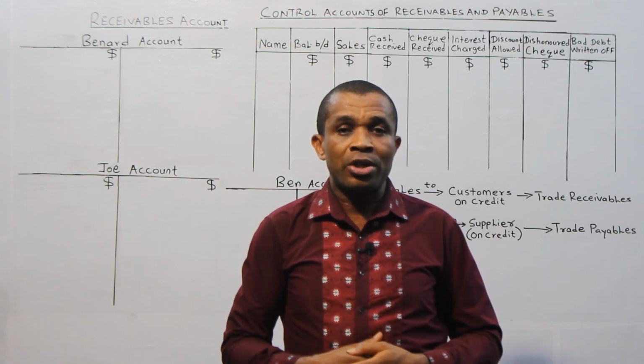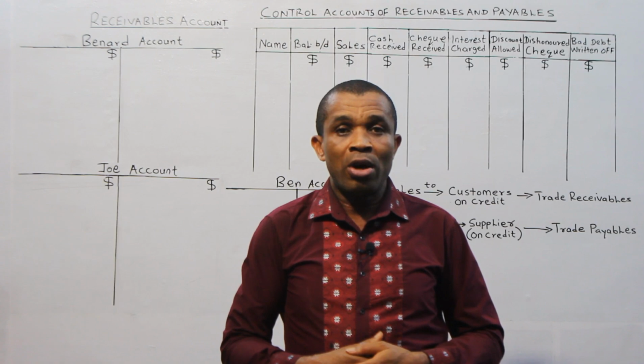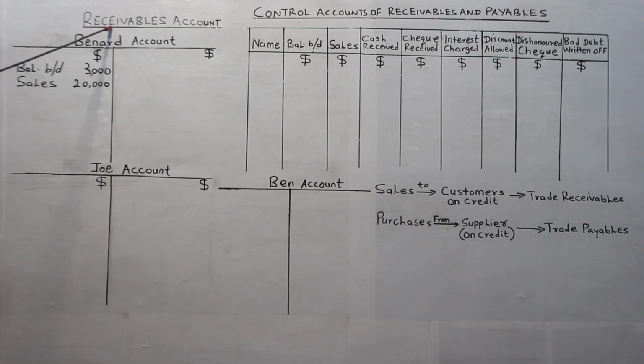With this illustration, you will have a better understanding of what the control account of receivables is all about. The accounts we are going to use as illustration for individual receivables will be Bennett's account, Joe's account, and Ben's account. Let's look at Bennett's account.